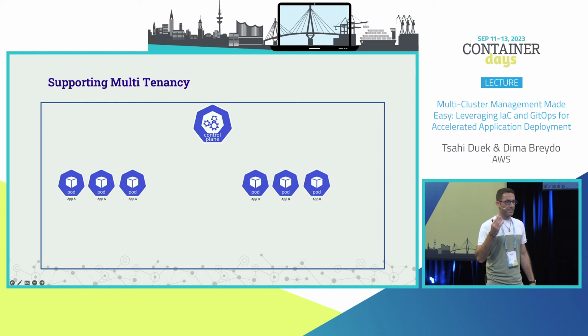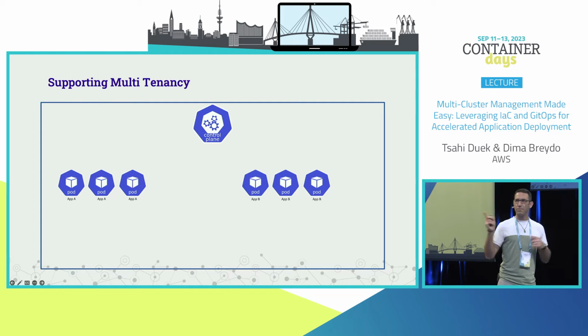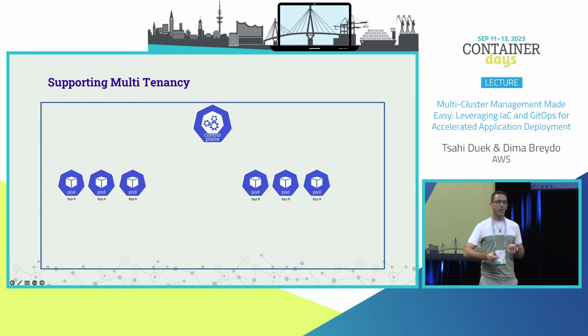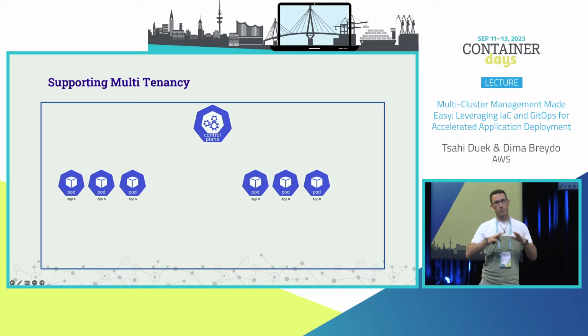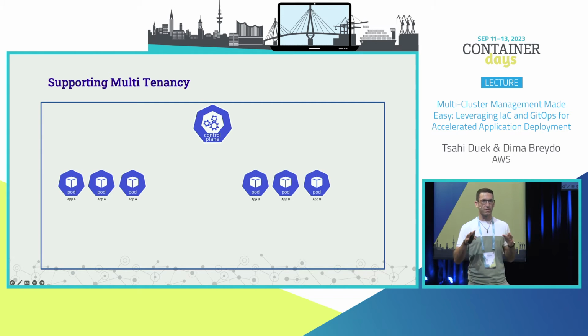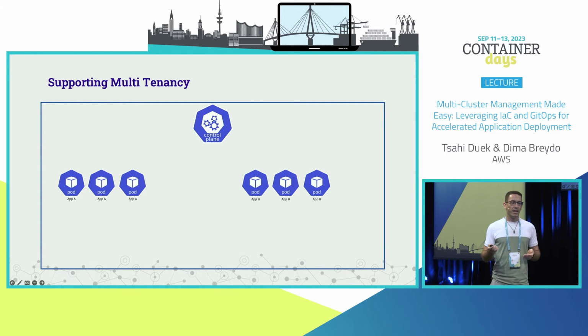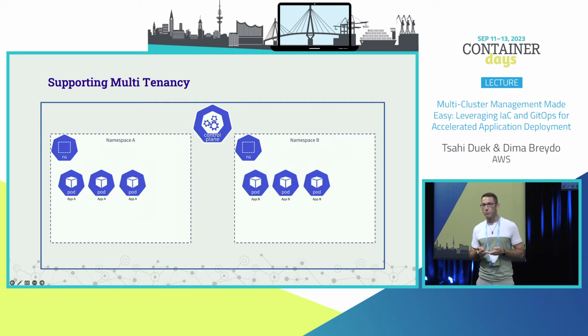As a next step, I've been to another talk of Dario where it's talking about multi-tenancy. And multi-tenancy is a thing. You have different applications, different pods running in your cluster, but you want to make sure you have a separation of control between them. Usually you achieve this in the form of namespaces.